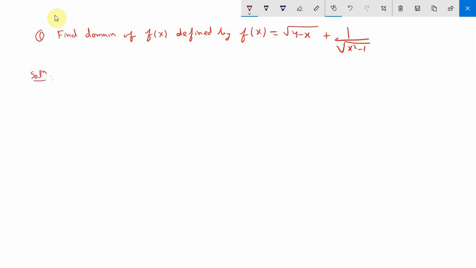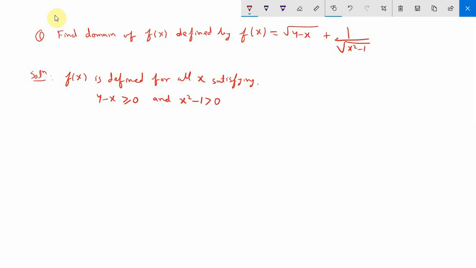See, we can write f(x) is defined for all x satisfying 4 − x should be greater than or equal to 0, as if 4 − x is greater than or equal to 0, then only we will get real roots of this, and x² − 1 is greater than 0.